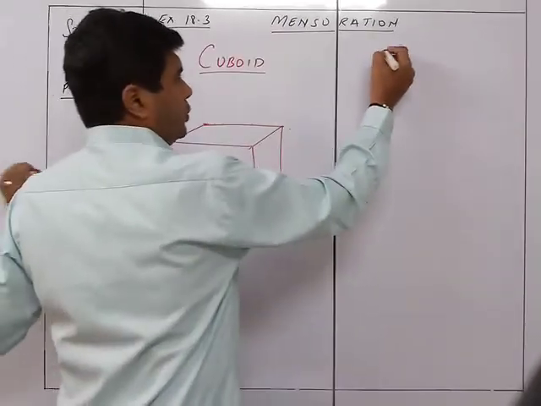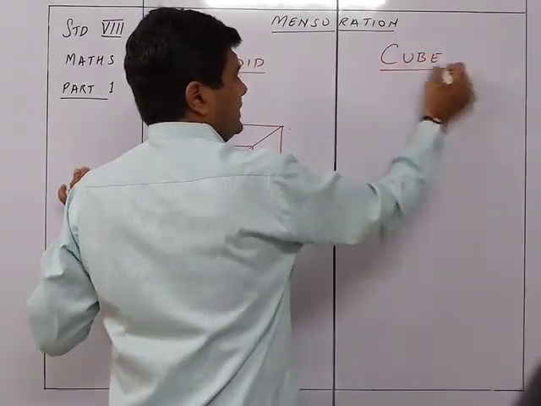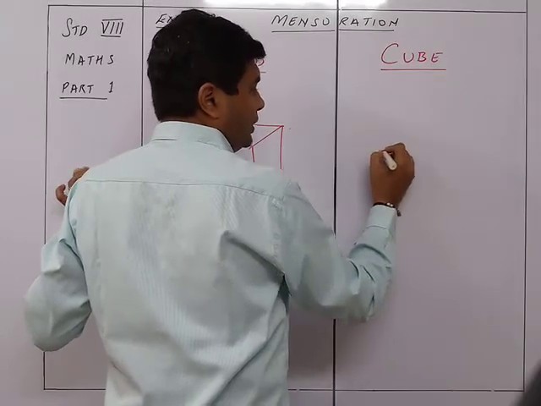Whereas the cube is the one in which the length, breadth and height all are the same.